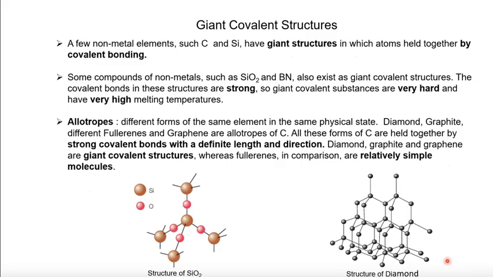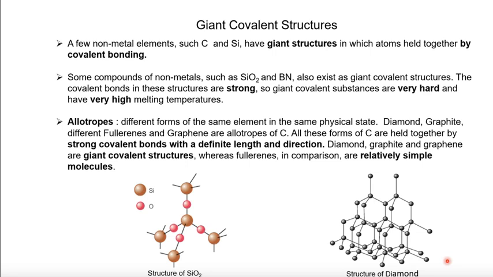Now we go to the next slide, that is giant covalent structure. Some nonmetals, such as carbon and silicon, have a very strong structure, though they are covalent bonds.